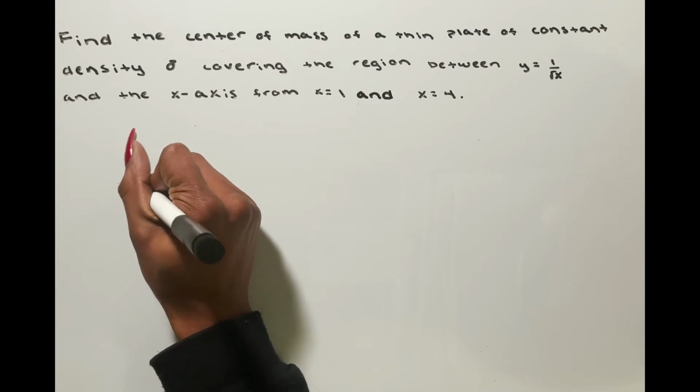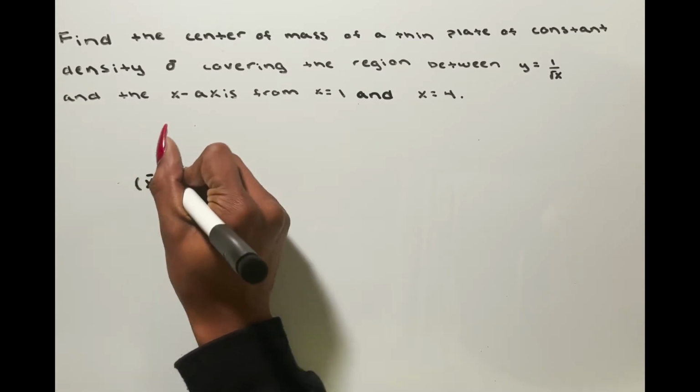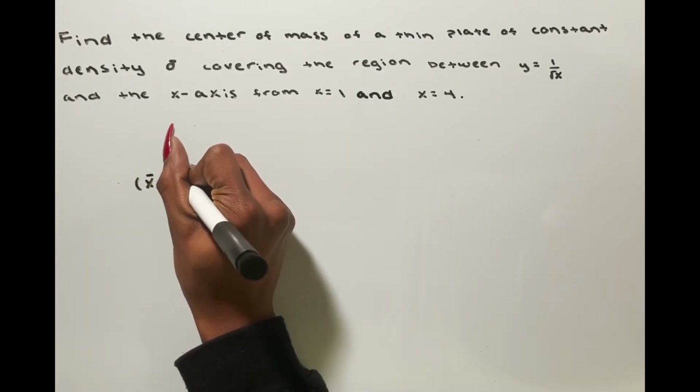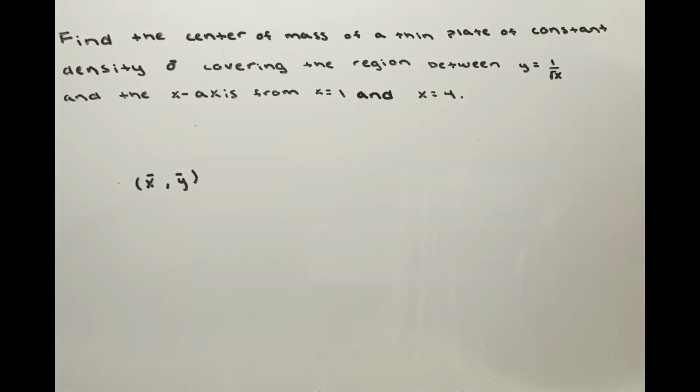Well, given some object, the center of mass is the average position of all of the parts that make up that object. And that's what this is. The average position is represented by average of x and average of y, and this is the point that represents the center of mass. So how do we find this point?